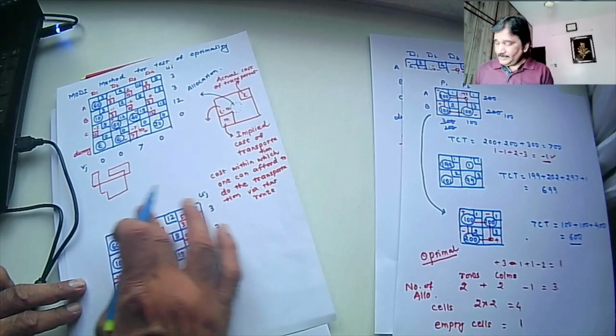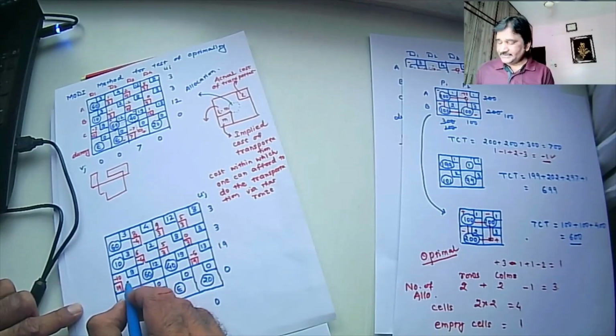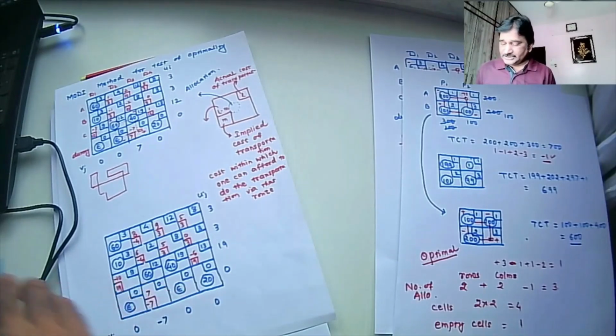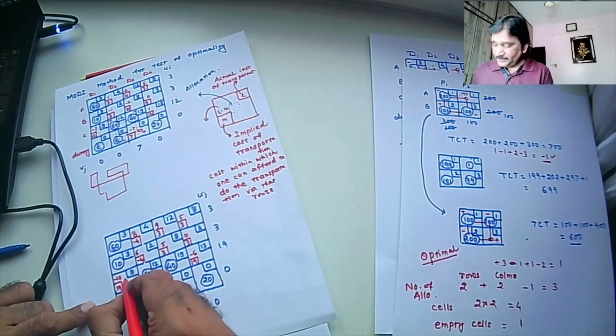Now you will be finding out the maximum negative cost change. So here it is minus 10. So with reference to this cell, you will be forming the quantity adjustment loop as we did in the previous case.